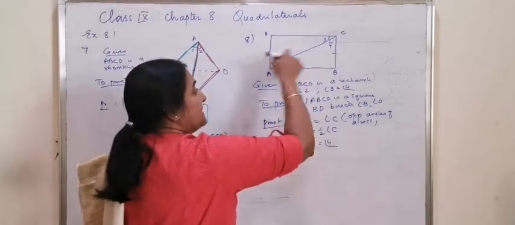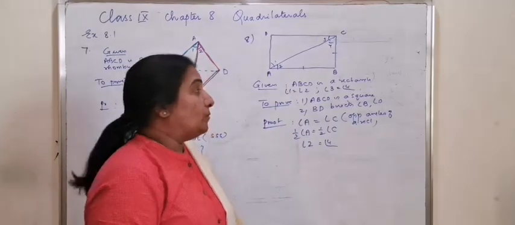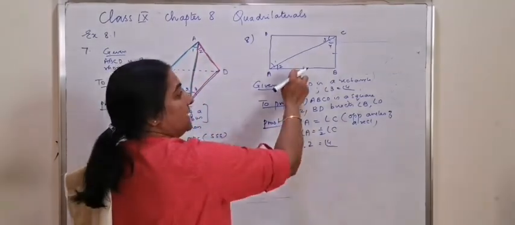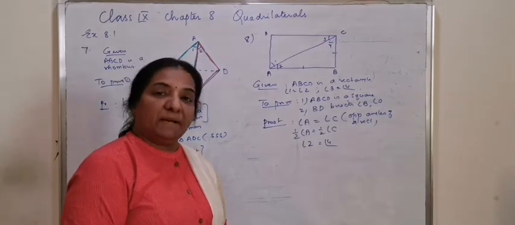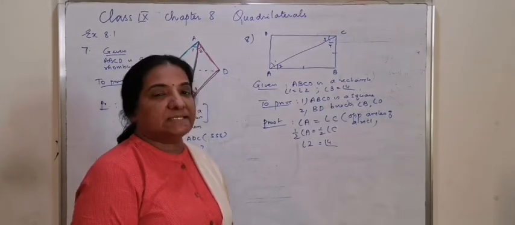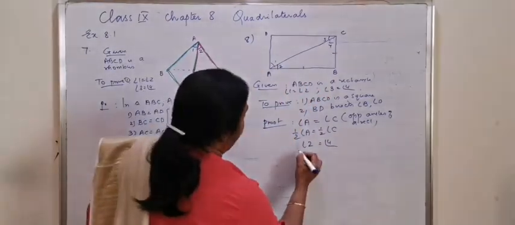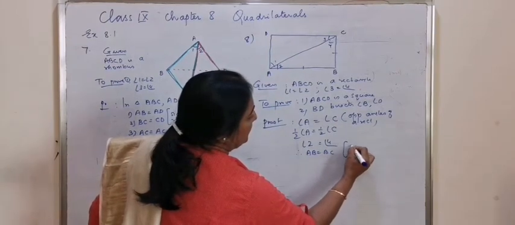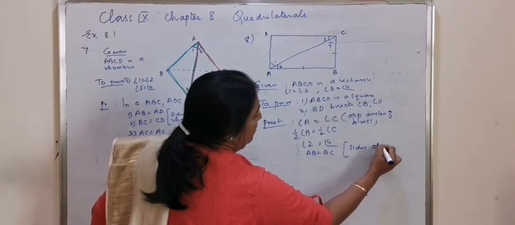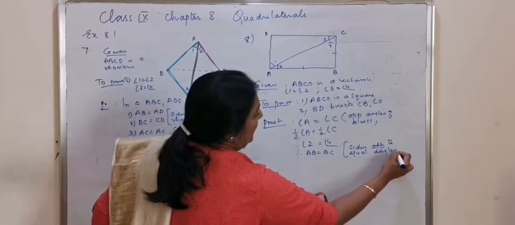In triangle ABC, if angle 2 and angle 4 are equal, what can you say about the sides AB and BC? The sides AB and BC are equal by the property: sides opposite to equal angles are equal. Therefore, AB is equal to BC, you can write here sides opposite to equal angles.